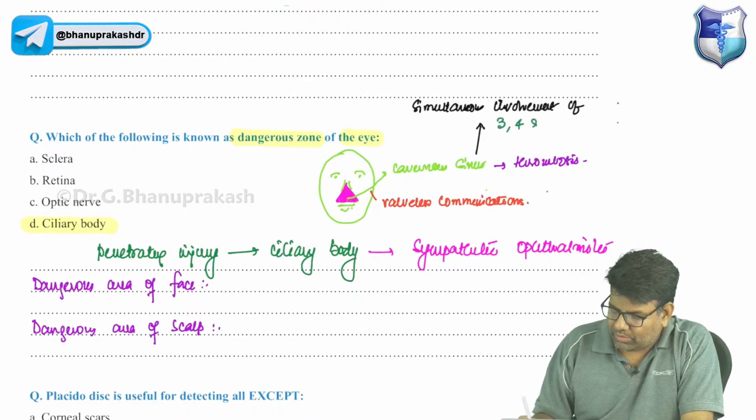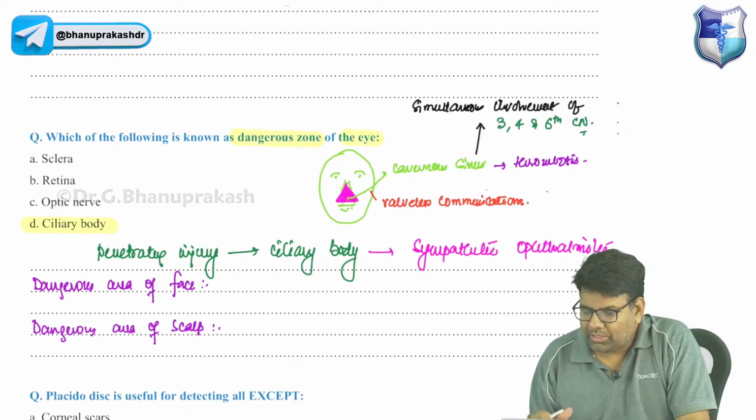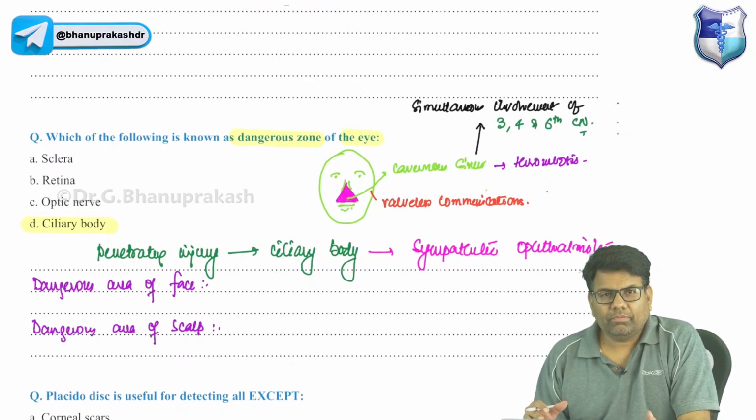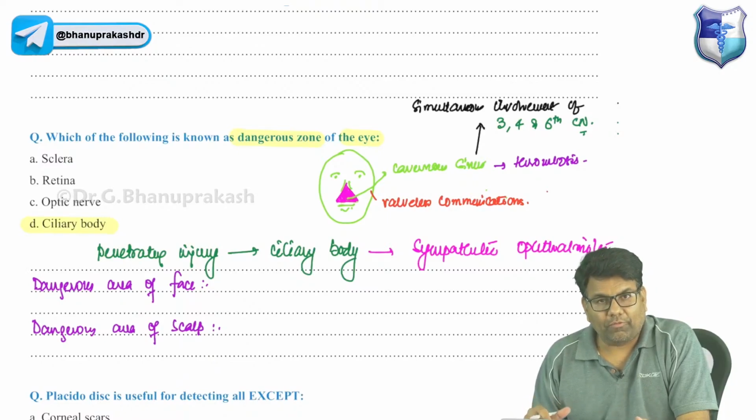Third, fourth, and sixth, right? Because these all are lying in relation to the cavernous sinus. So if there is any involvement of the cavernous sinus, in the form of thrombosis, these nerves also get affected.